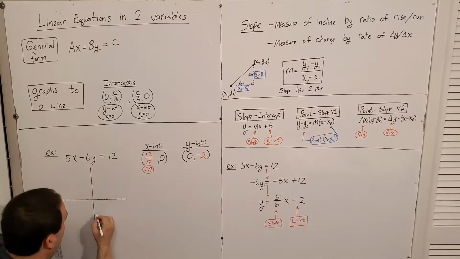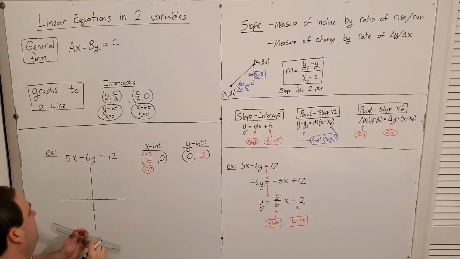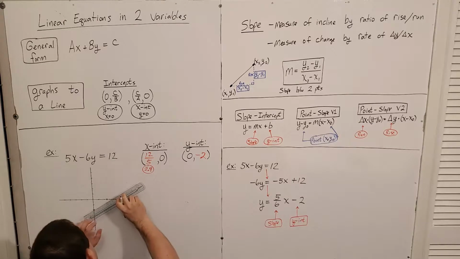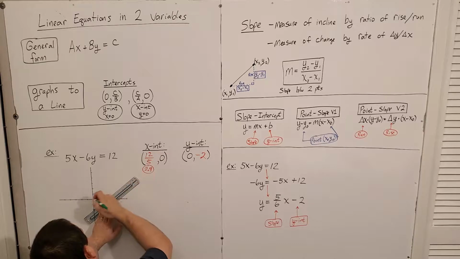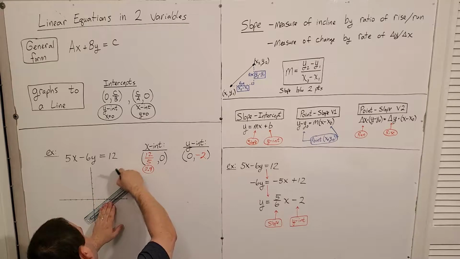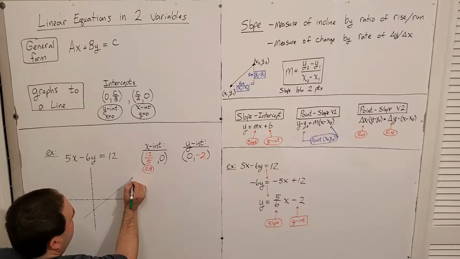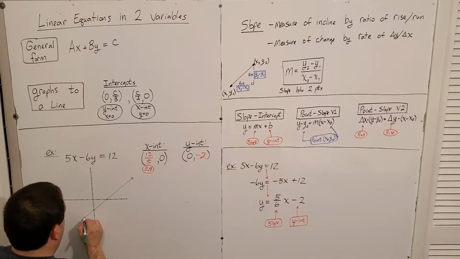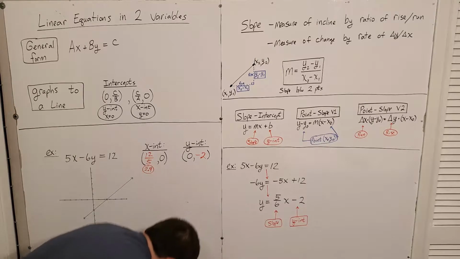And then negative 2 y-intercept is exactly right here. Let's see. Line this up. And there we have it. The graph of the line, right?